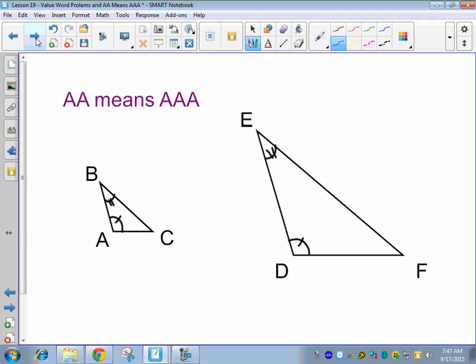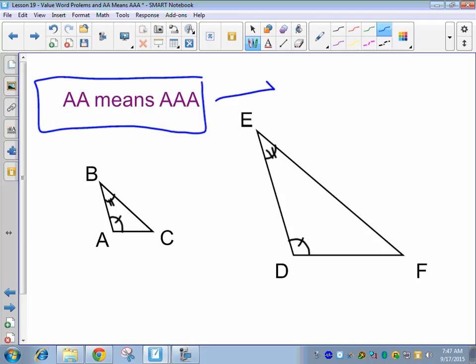AA means AAA. All right, so what does that mean? If you know two angles are the same in a triangle, then what do we know about the third angle? So write down this definition.